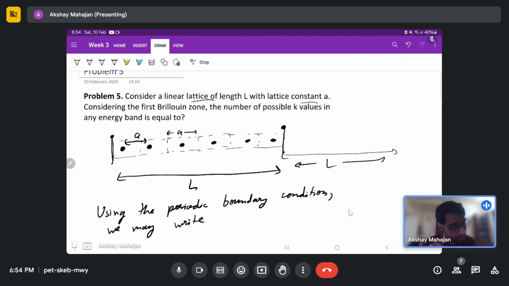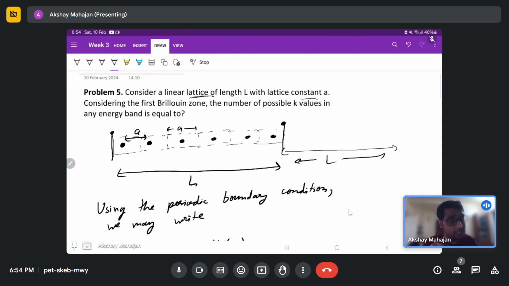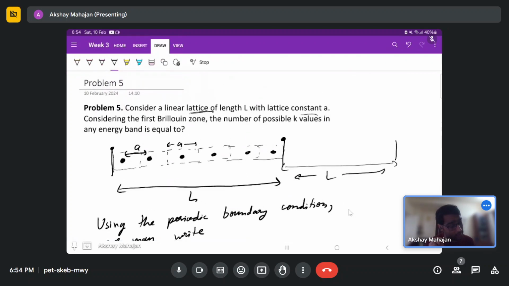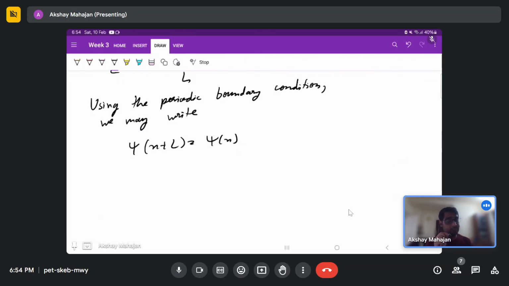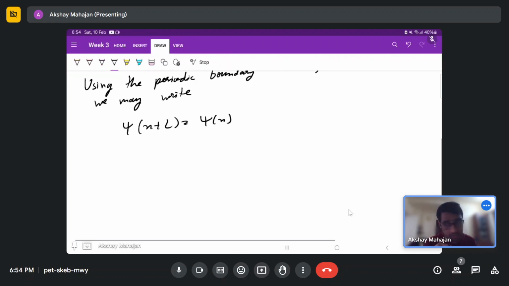So we have a lattice of length L, and we can repeat that lattice in both directions, in the linear direction. There will be periodicity of the lattice with respect to this L, and that's why we can write our wave function psi of x plus L equals psi of x. This is the periodicity that we can write, and also using Bloch's theorem.